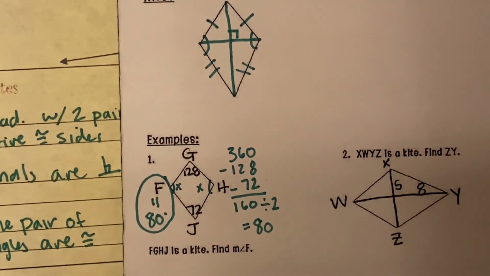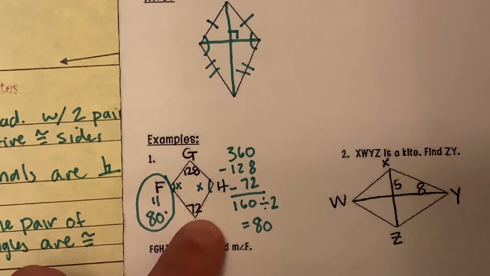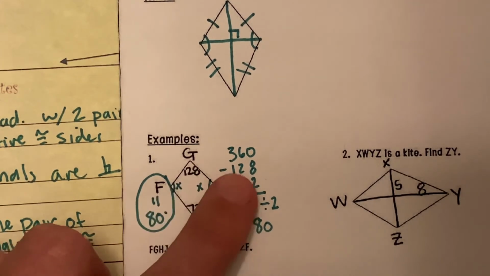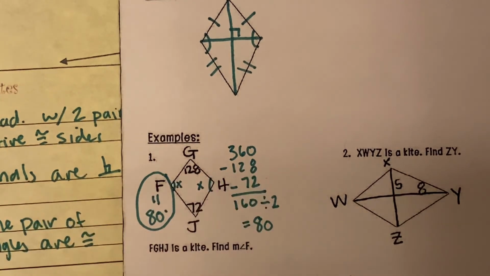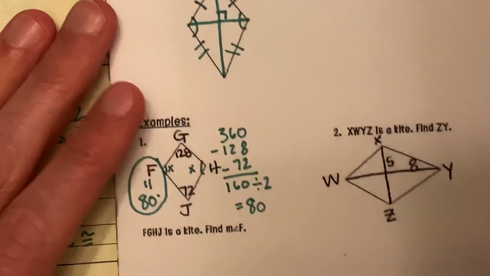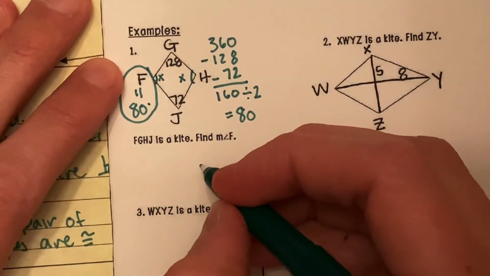Another way you could have done this, guys, is x plus 128 plus 72 and set it equal to 360. Either way works, however you want to do it. It will get you the same answer. Okay?